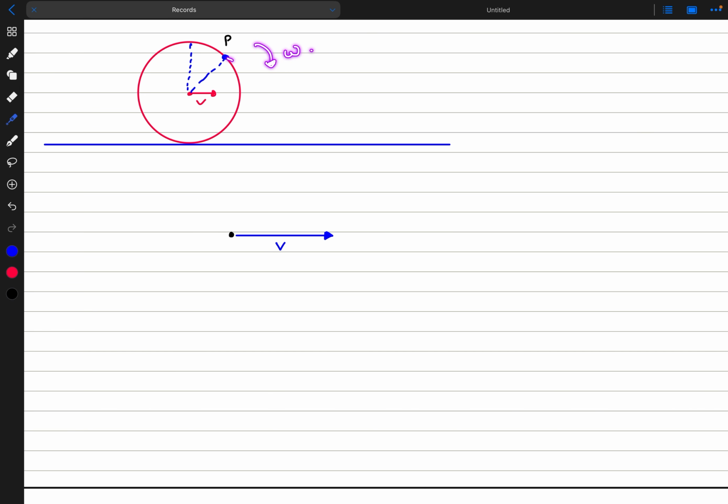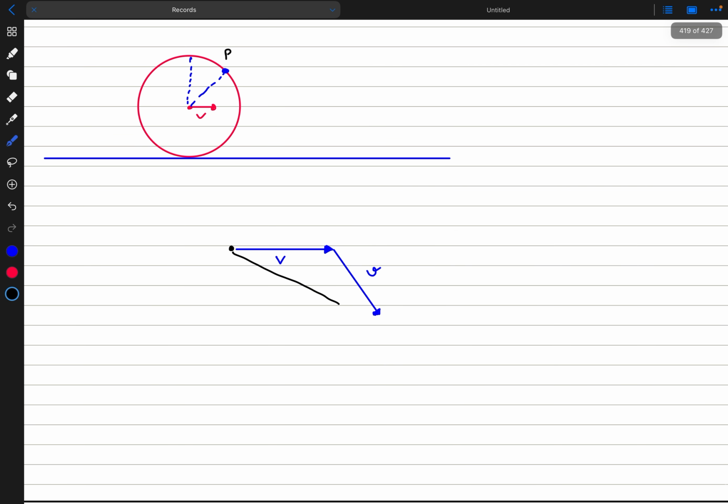That is a component tangential to the point P at the wheel, and it also has a magnitude of v. So in this particular case, it will be a vector that looks something like this, exactly the same length as the other vector. Okay, so this is going to be the resultant vector in that particular case.